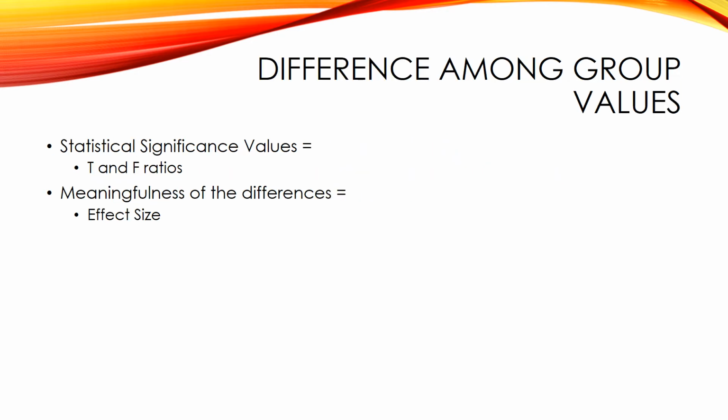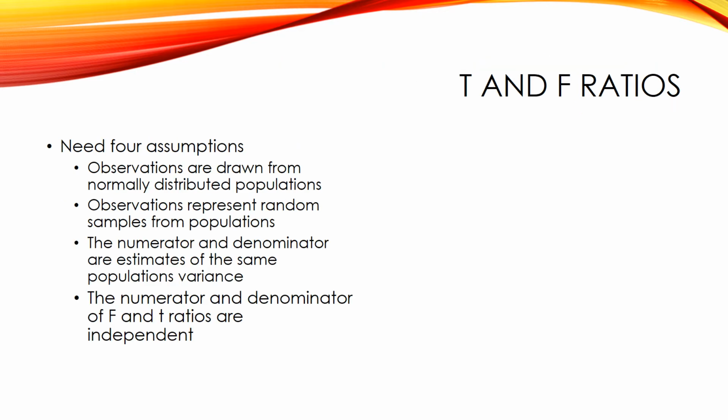So as far as differences among group values, many times what we'll use are our p values, or T or F ratios. They're typically found in appendices, or when you click t-test or ANOVA in the software, it will calculate the T ratios and the F ratios for you. And then again, the meaningfulness of the differences is dealt with by the effect size. In order to use the T and F ratios, there are 4 assumptions that you have to consider.